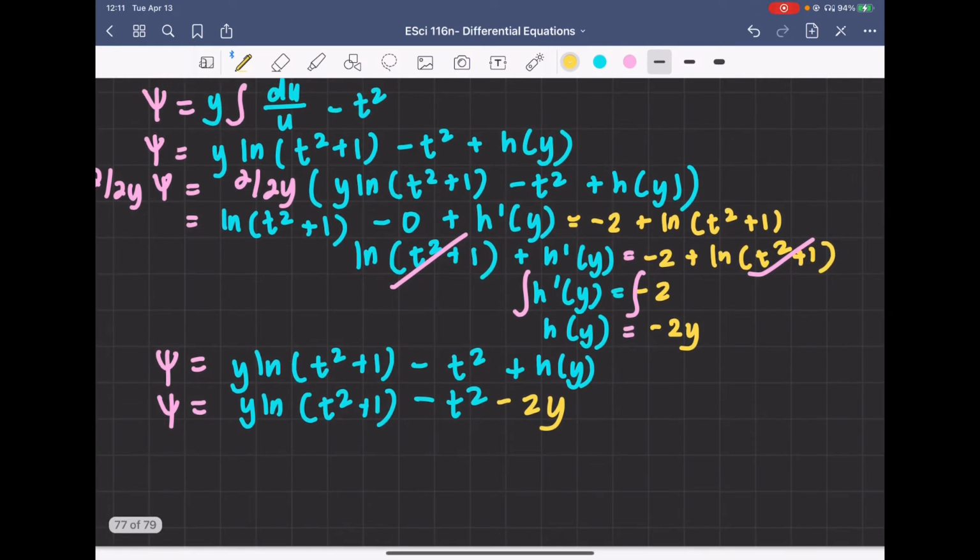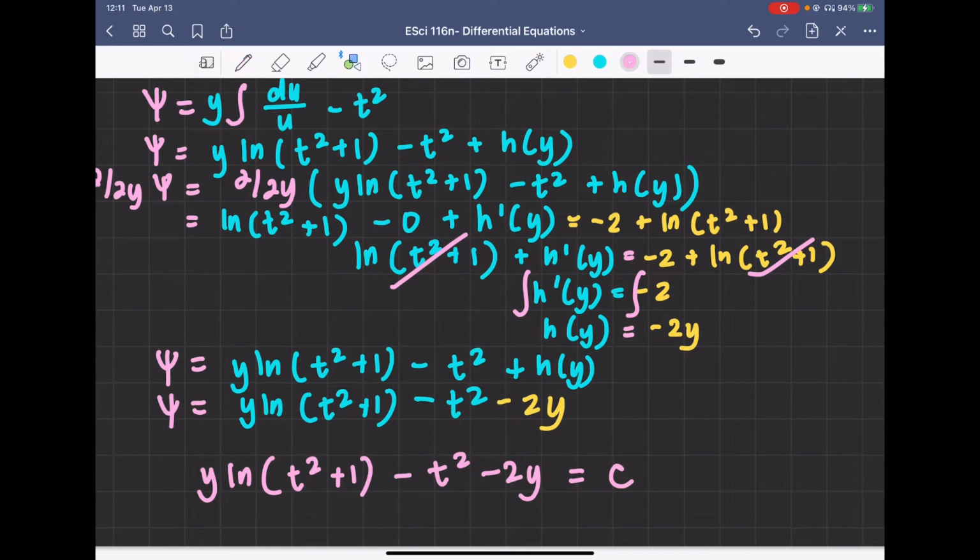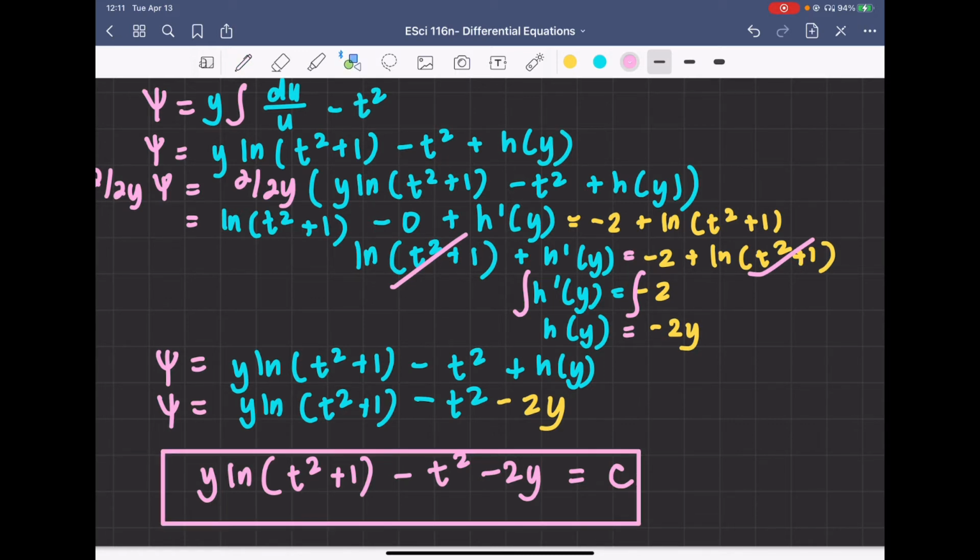And our final equation is y ln(t squared plus 1) minus t squared minus 2y is equal to c. And that is our final answer.